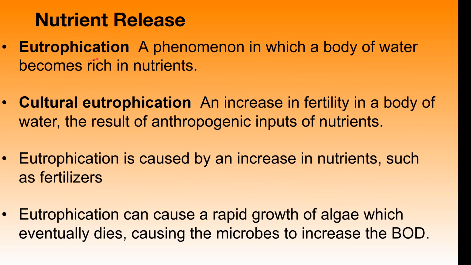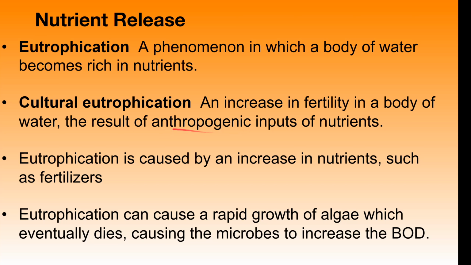We have two terms here, eutrophication. I've already used this a couple of times while we've gone over the first couple slides. Basically, it's a place where nutrients are exploding or increasing at a rapid level in any body of water. It could be a lake upstate New York, or it could be the Great South Bay, as I'm giving the example here, because it's local to us. Cultural eutrophication specifically results from the anthropogenic release of that nutrient into the environment.